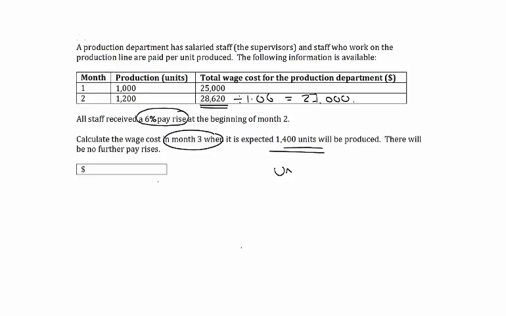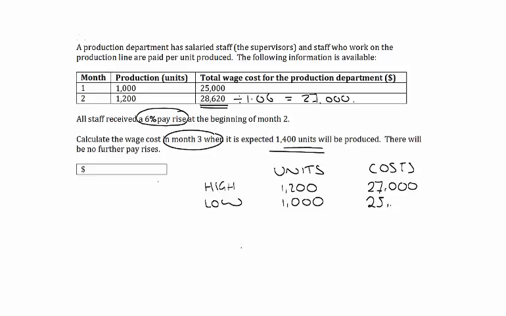So if we consider our units and our costs, and we look at the high activity and the low activity, the high activity is 1,200 units with a revised cost without the increase of 27,000, where low is 1,000 with a cost of 25,000.